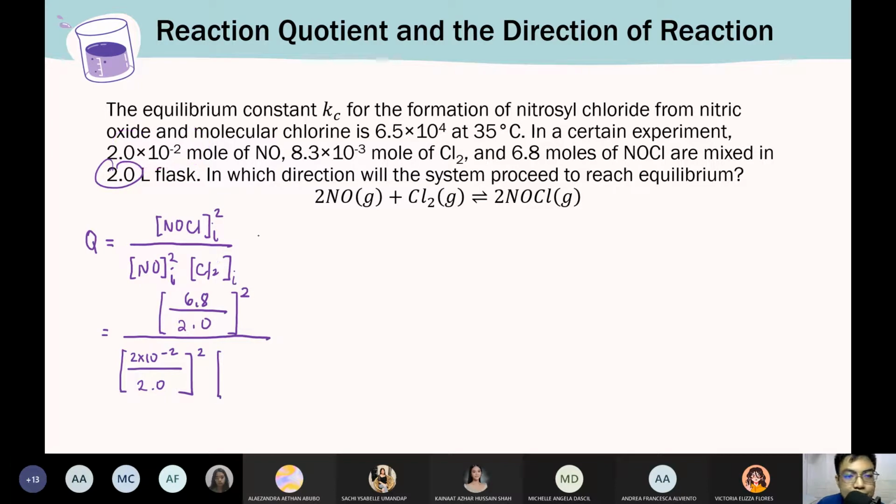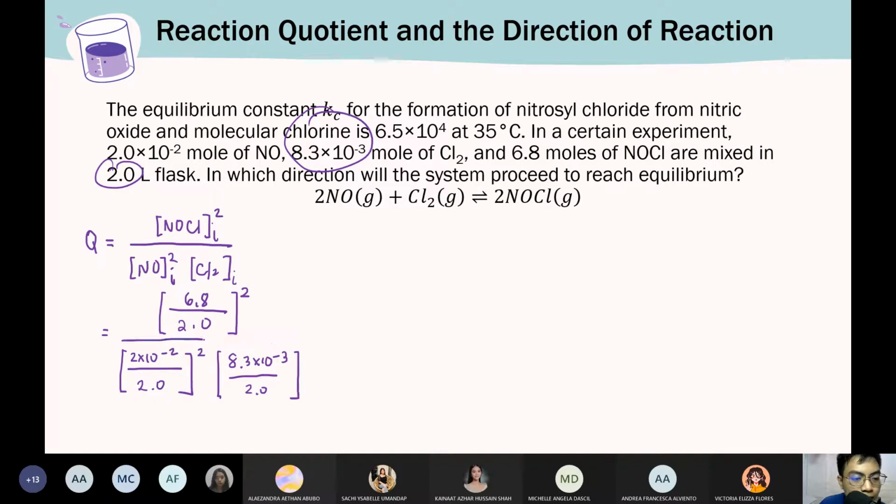And then, for the Cl2, ganun pa rin. 8.3 times 10 raised to negative 3, sorry, negative 3 pala, divided by 2.0. And that is just raised to 1.